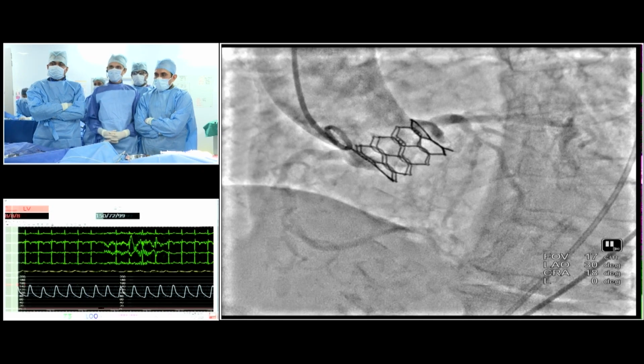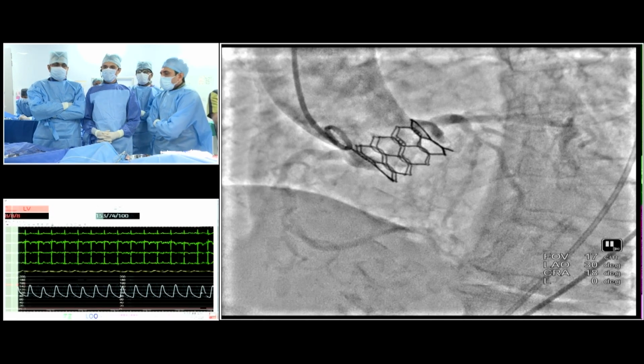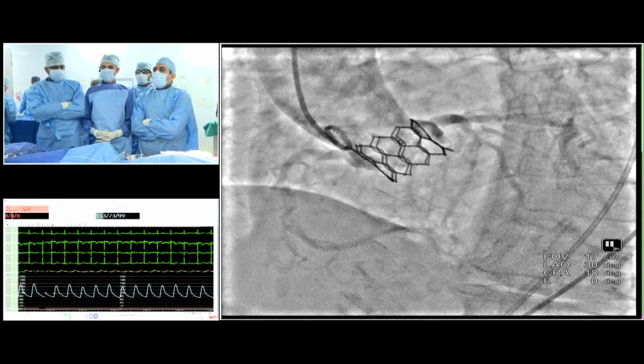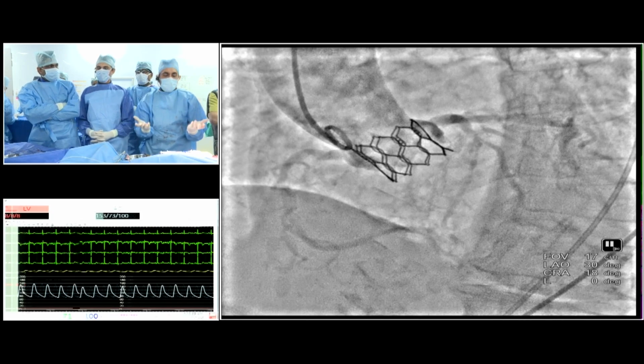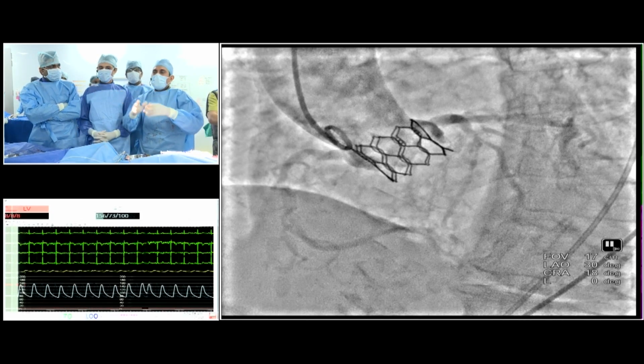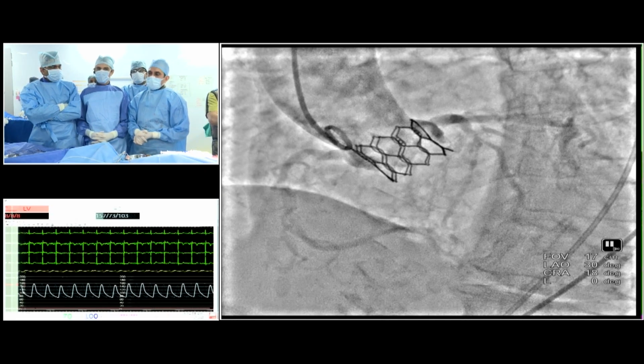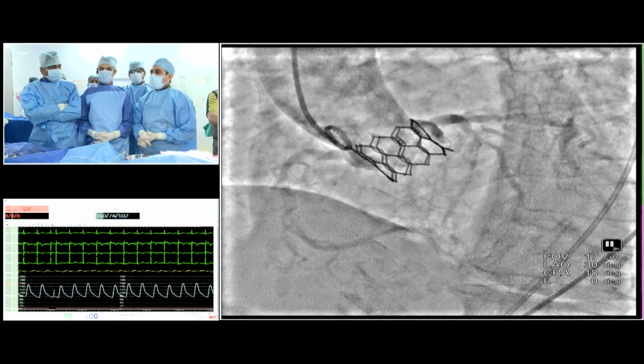What do you think? Yes, we haven't seen any valve which recoils once we have deployed it, even in heavily calcified anatomy.